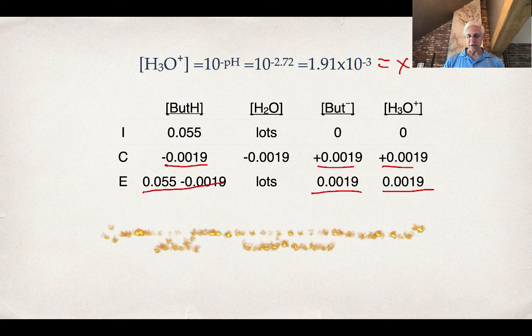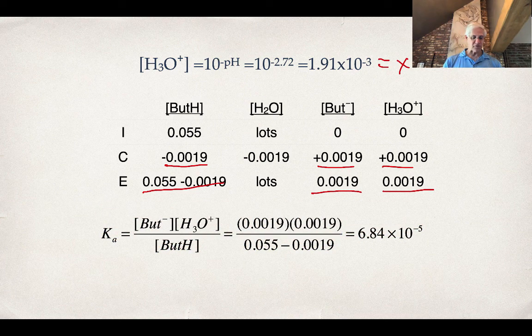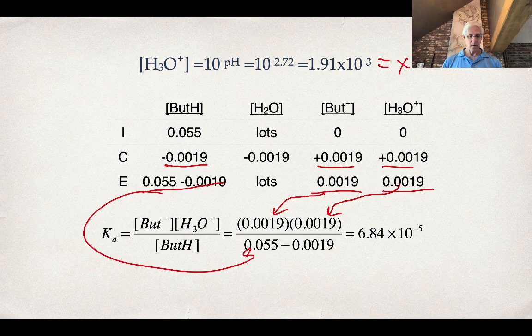I know all three of those. I now plug those into my Ka expression, which is still going to be products over reactants. So I have the butanoate, H3O plus, and my butanoic acid. When I calculate all that out, I get a value for the Ka of 6.84 times 10 to the minus 5.